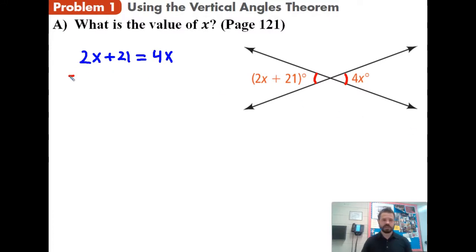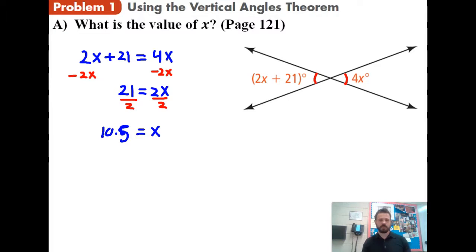And then I can solve it. Subtract 2x from both sides. I get 21 equals 2x. Divide both sides by 2. We end up with x is equal to 10.5. Make my 5 look a little nicer there.